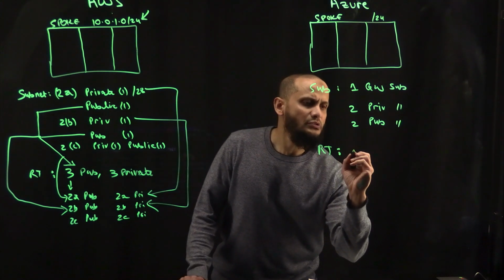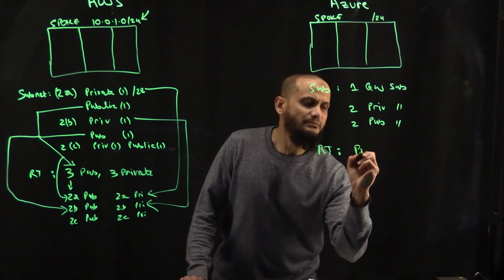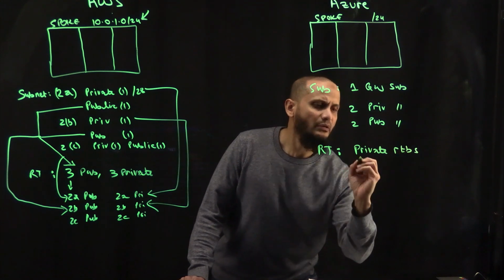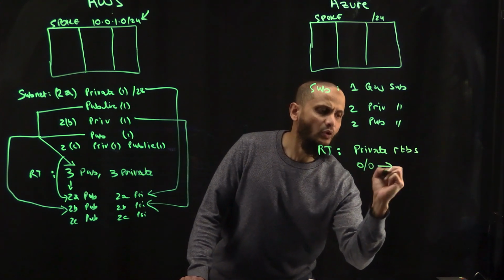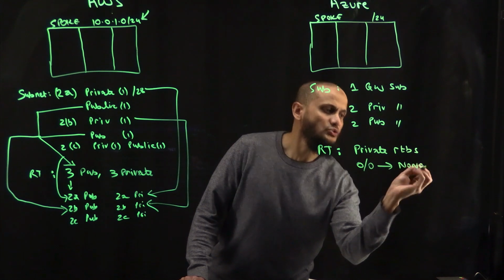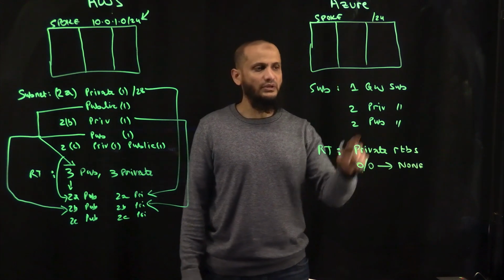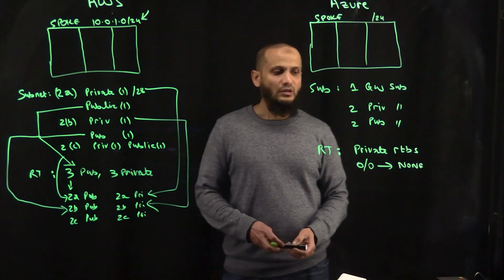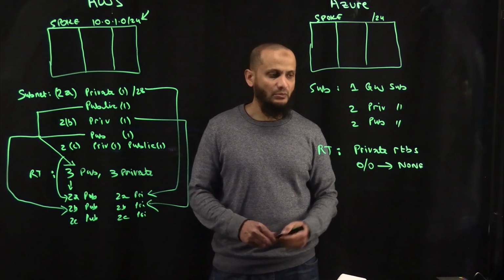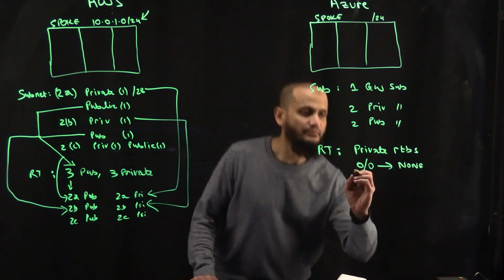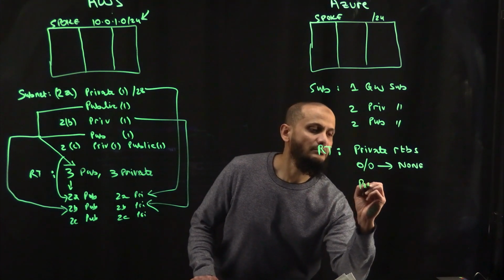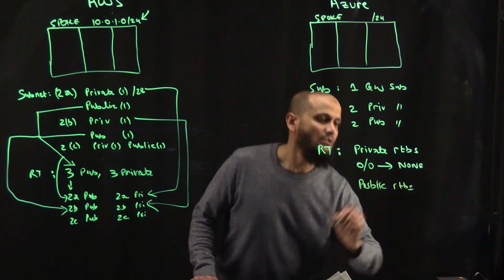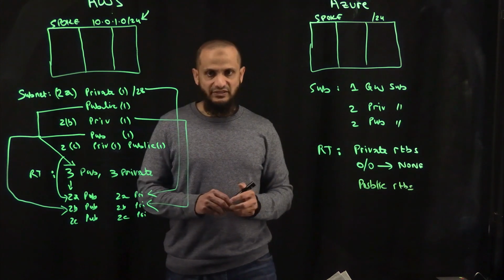So 2 private routing tables, RTBs, where the controller says quad 0 points to none. So any VM you create in these private subnets would not have access to the internet. The controller will also create 2 public routing tables, but there won't be any route in there, at least at this time.